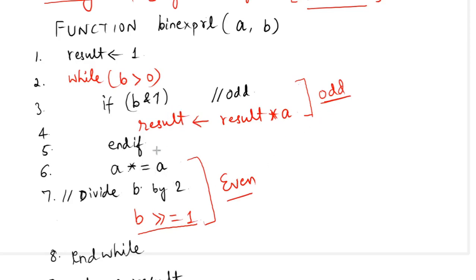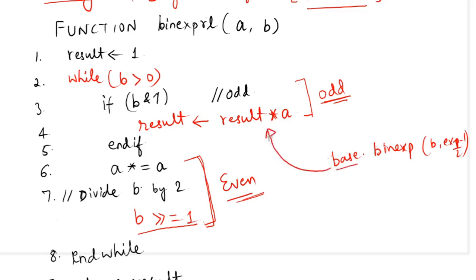Here one can check. This was to handle the even case and this was to handle the odd case. And in the odd case, where in the recursive method it was shown like base into binary exponentiation of base comma exponent minus 1 by 2, that has to be done.